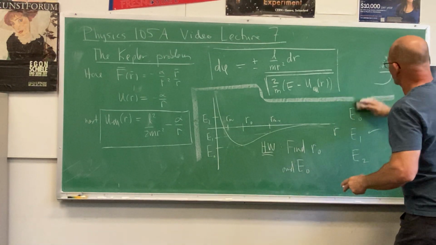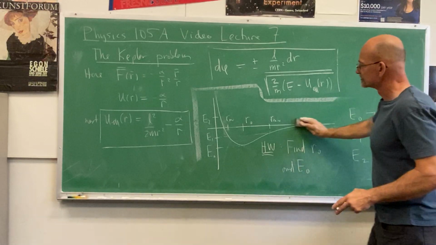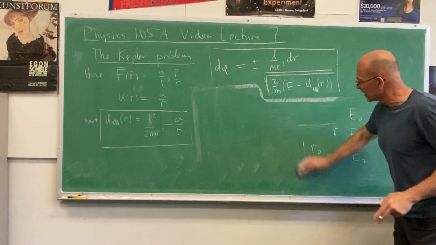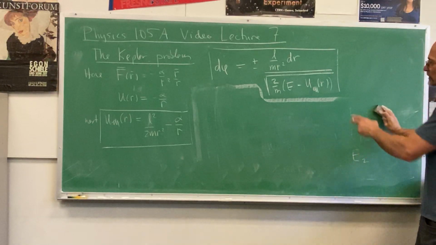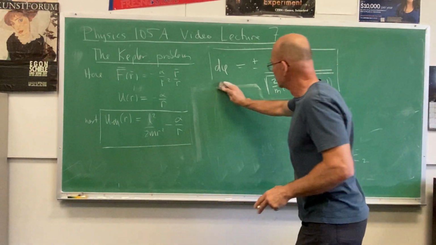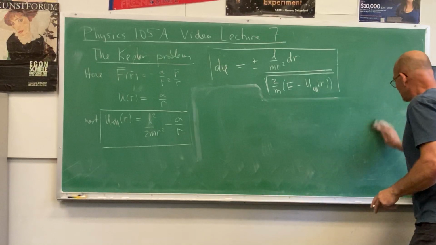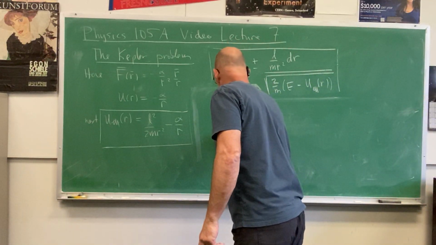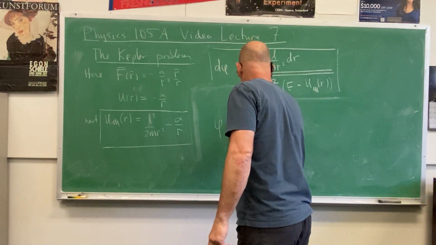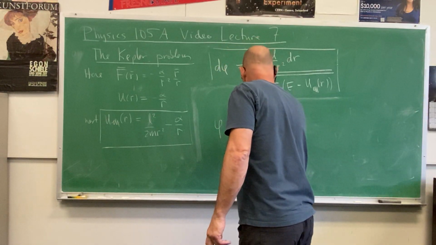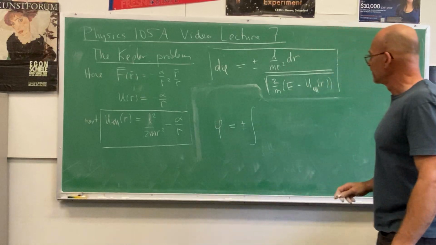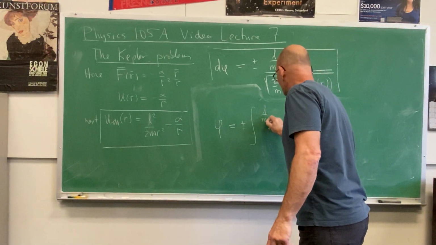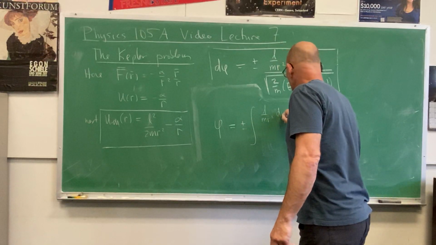So let's go ahead and erase this and plug in what we have for the Kepler problem. Remember, this was still general. So phi equals plus minus integral, and let's just go ahead and write this out, L over m r squared dr.